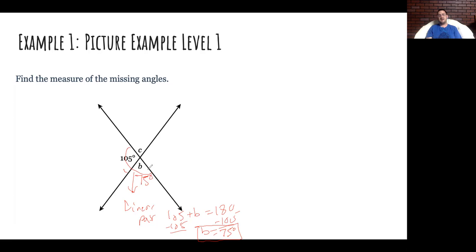Then I can also see that C and B are vertical angles, and vertical angles are nice because they are immediately congruent to each other. So I'm going to say that that's 75 degrees. There'll be a space in your Delta Math assignment for you to put those measures as well.